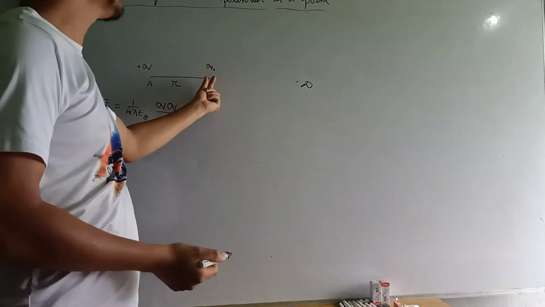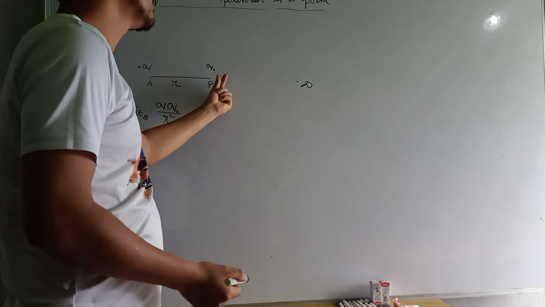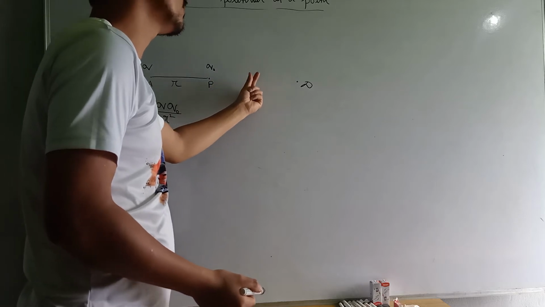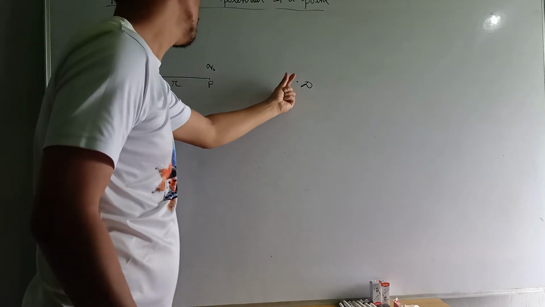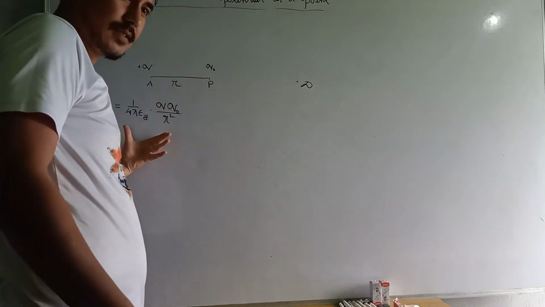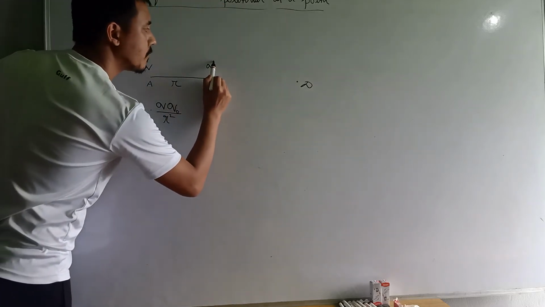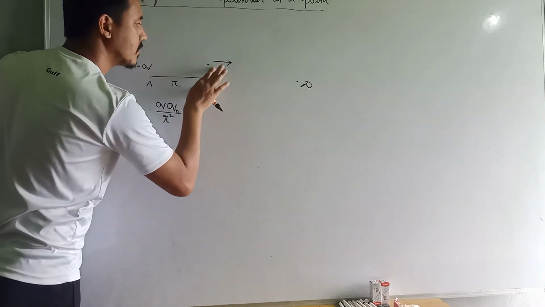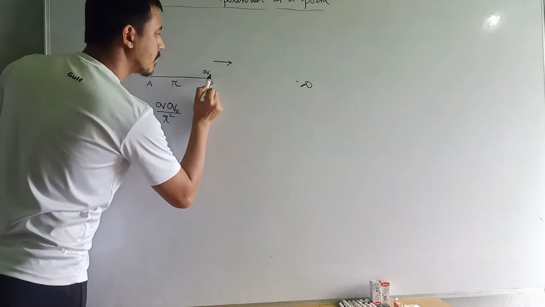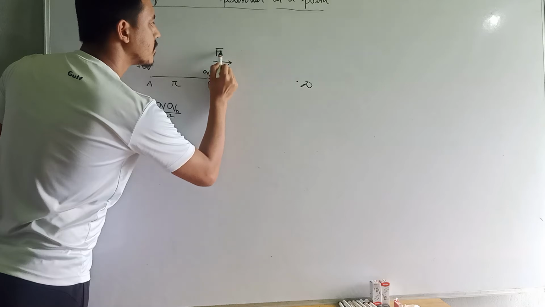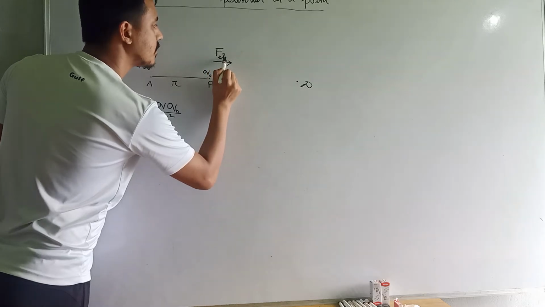So this charge Q naught will be brought to infinity from P by this electric force. The electric force will act in this direction. So this is your electric force.